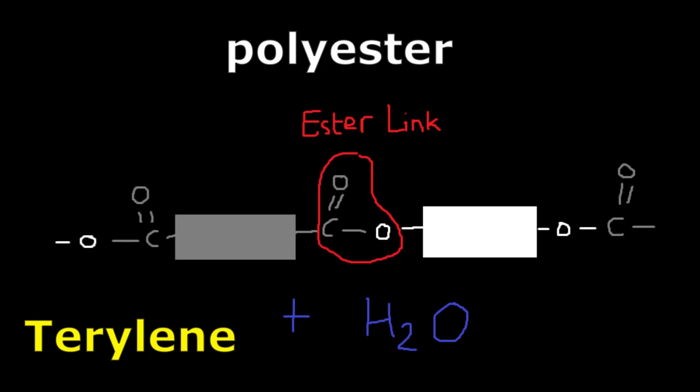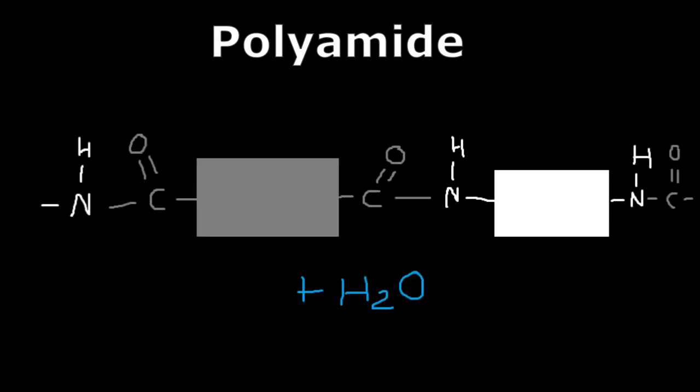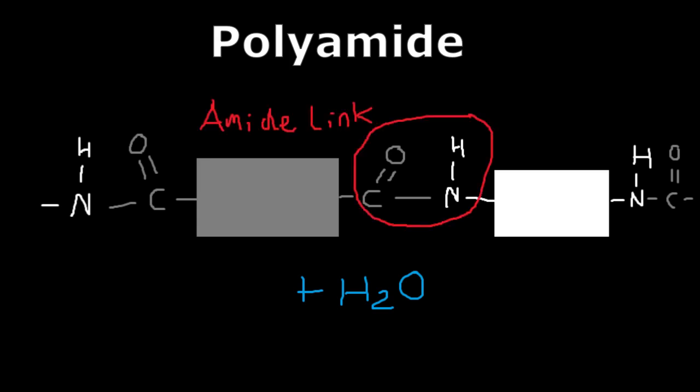That's polyester. The other type of condensation polymer is formed from a carboxylic acid and an amino group. An amino group is a nitrogen and two hydrogens. It reacts like this. Again, I've color-coded it so you can see where the water comes from. And it forms this linkage here called an amide link. You need to memorize and be able to draw and recognize both the ester and the amide link.